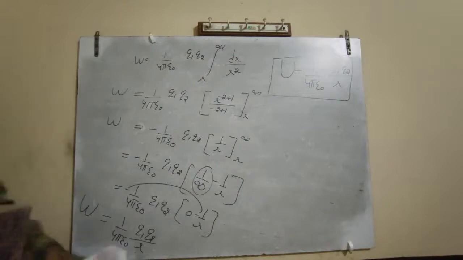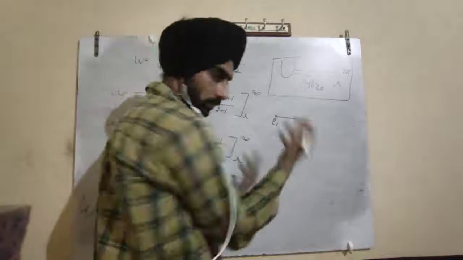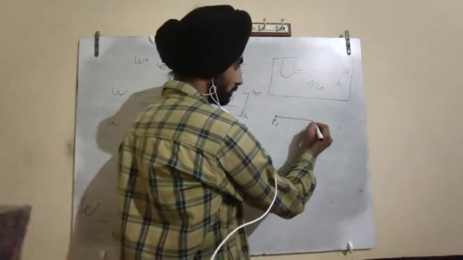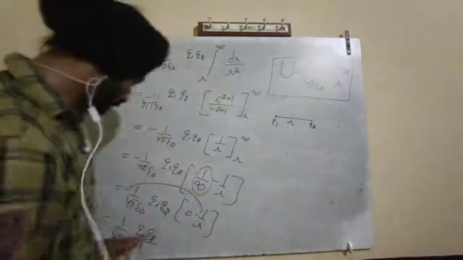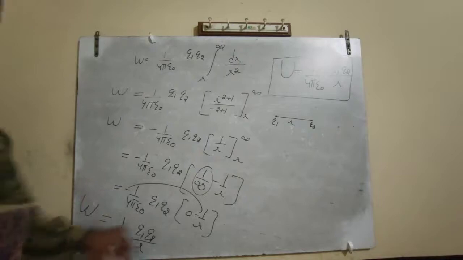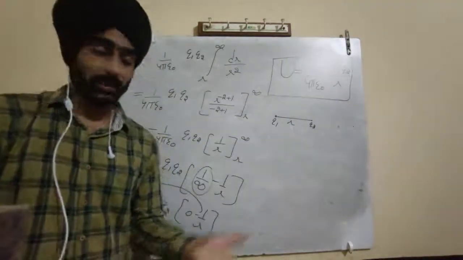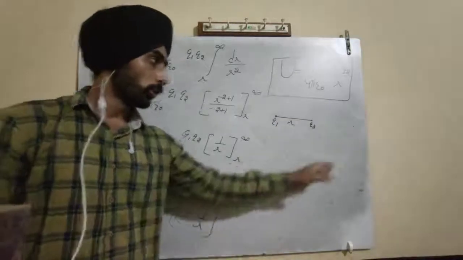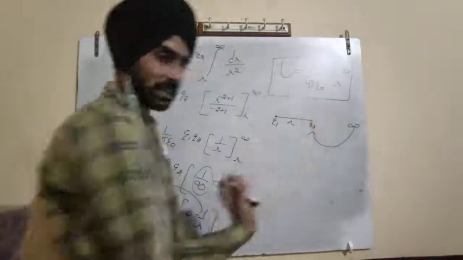You can also suppose like this: Q1 is applying an electric field on Q2 at distance r. So you have to do this much amount of work, 1 upon 4 pi epsilon naught Q1 Q2 upon r. Remember this thing: Q1 is a charge, so an electric field will be there. We have moved Q2 from infinity up to distance r against the electric field of Q1.